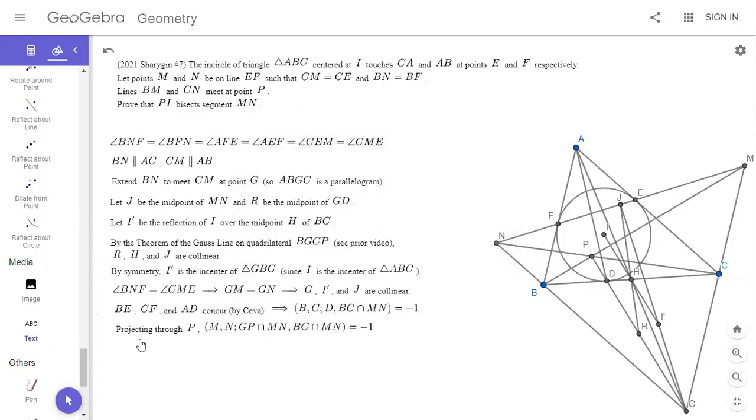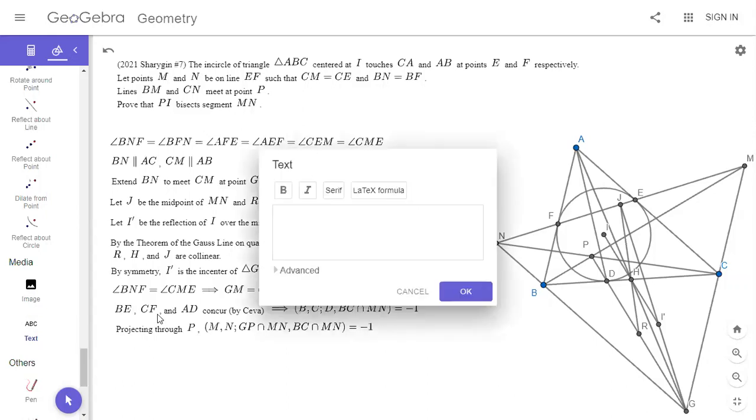And then from there, that means that GD, BM, and CN concur.